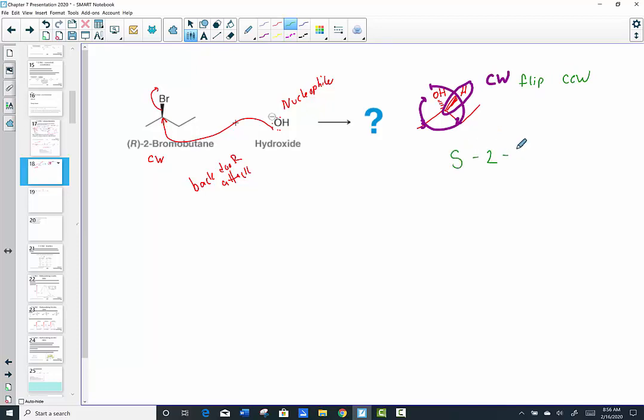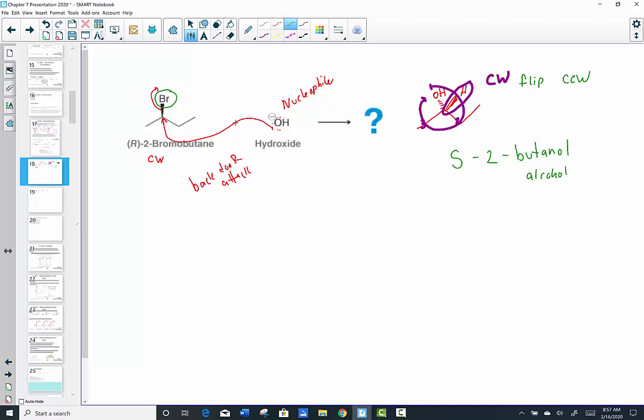At carbon number 2, we have an alcohol group now. We've had a substitution where an alkyl halide has turned into an alcohol. A substitution reaction, changing one functional group into another. And the nucleophile you select determines what new functional group will replace the original halogen.